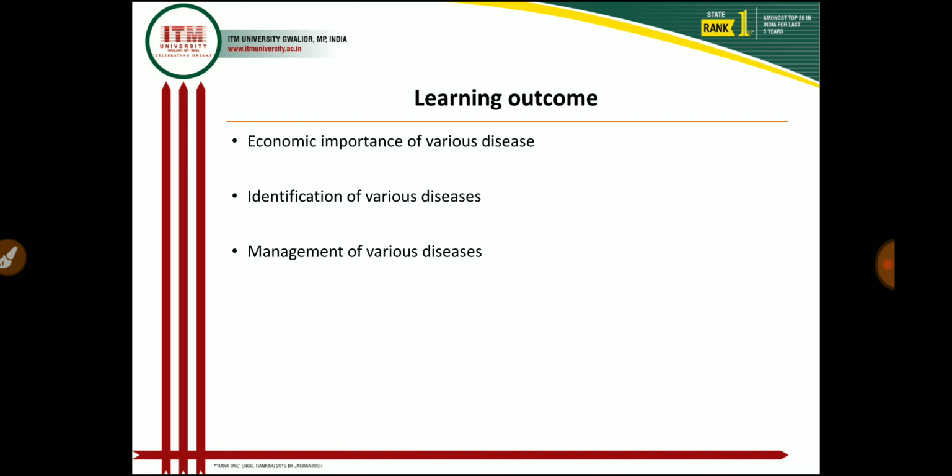Then in the learning outcome, in today's lecture I covered 4 diseases, that means Phytophthora blight, sterility mosaic, wilt and bacterial leaf spot, and for each disease I explained the causal organism, economic importance, symptoms, life cycle, favorable conditions and pathogen characteristics, and also how we control the disease in field conditions.